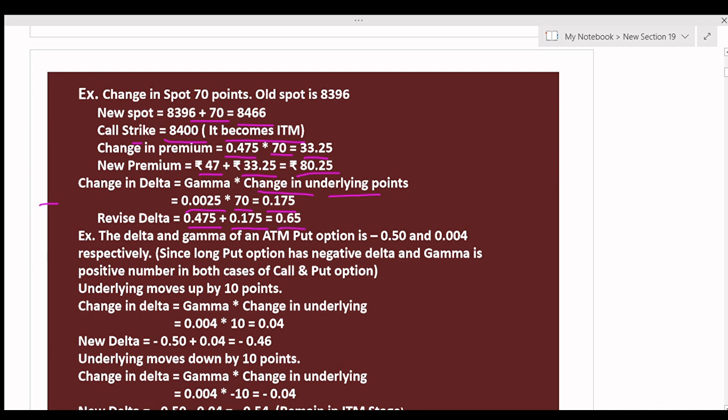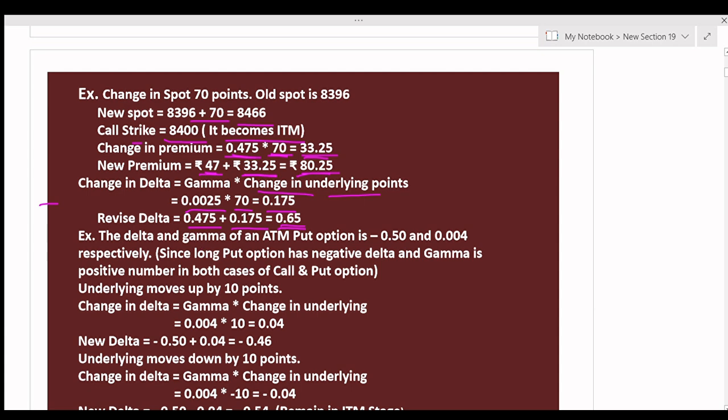So here you find the new revised premium: change in premium is equal to the delta value, 0.475, multiplied with 70, and you get 33.25. You add this to the previous premium, and it is equal to 80.25. Now the revised delta is 0.65, which is higher than 0.5, so it remains in the ITM situation.